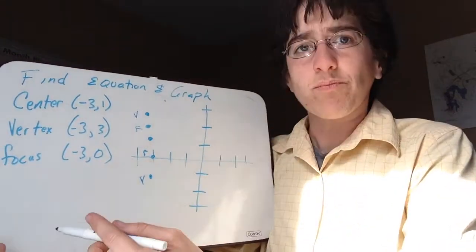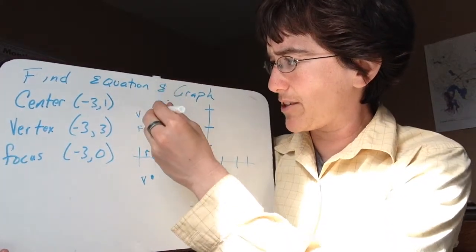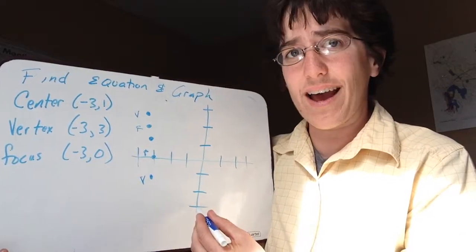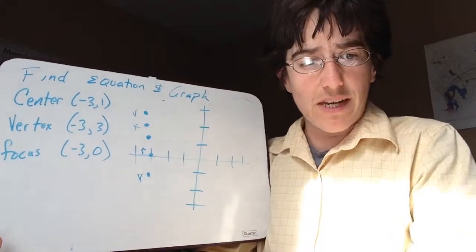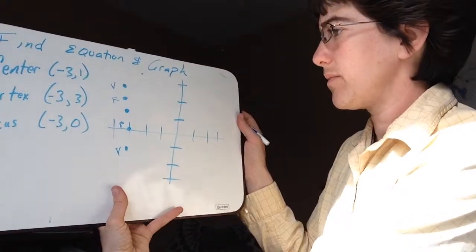Now, what you should immediately notice is that this line is going to be my major axis, and it is parallel to the y-axis. So I'm going to be making use of my y equation. I'm going to write that, and then I'm going to hold the board up.